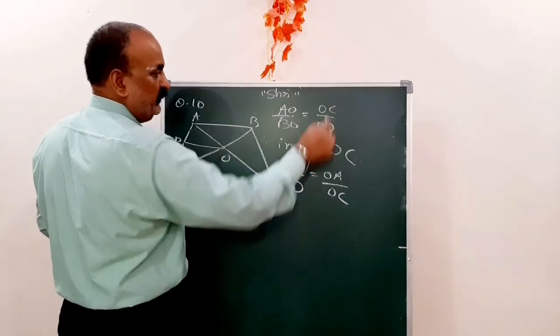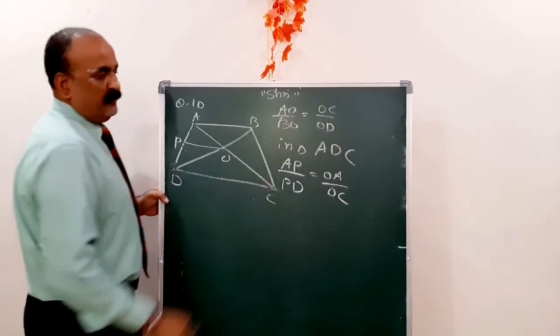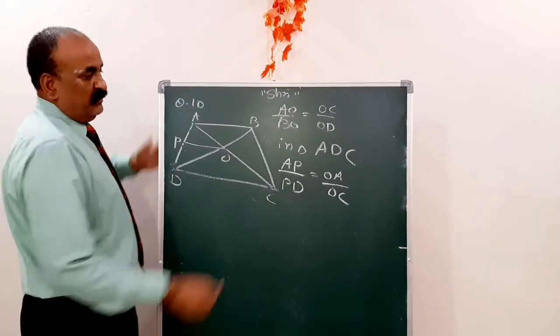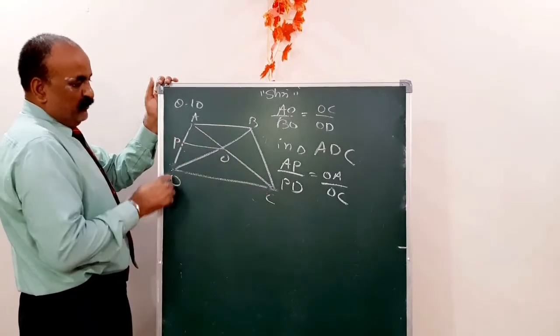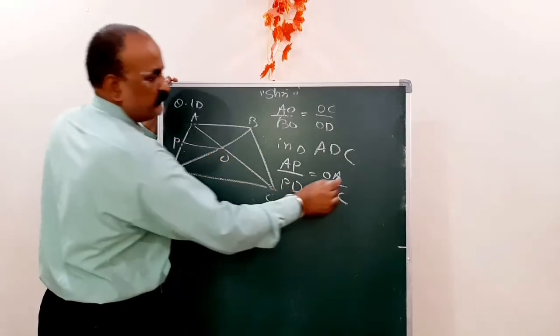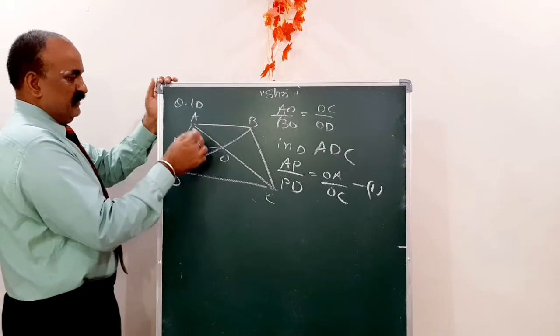और OC upon OD. See, OC upon OD is equal to OA upon OB. And in triangle ADC, AP upon PD is equal to OA upon OC. This is number 1. Now take this triangle.